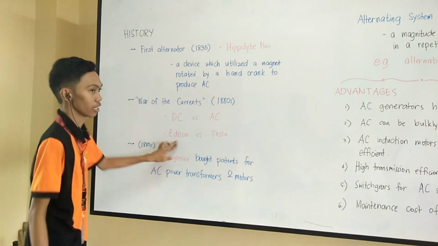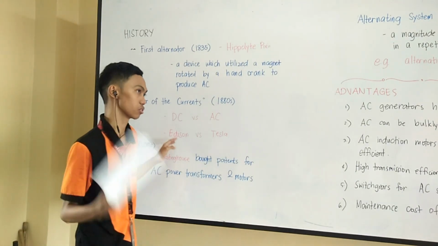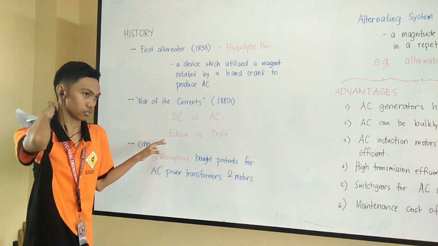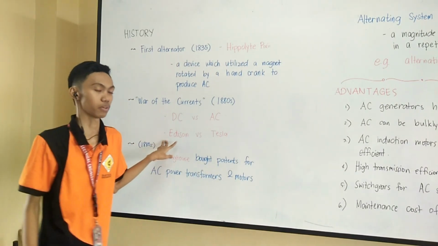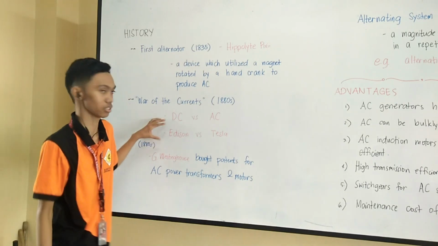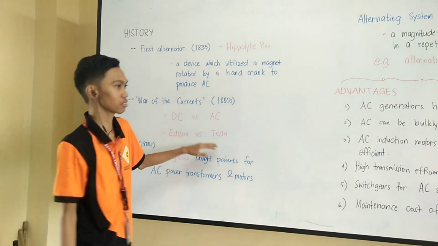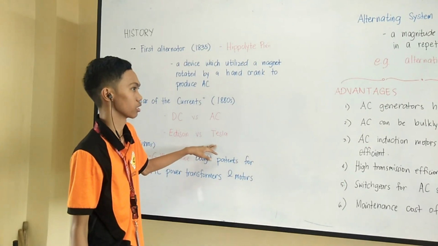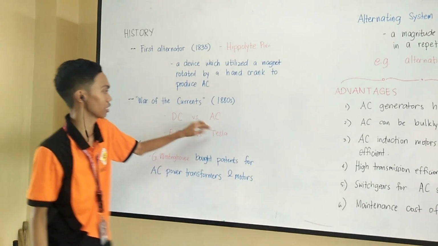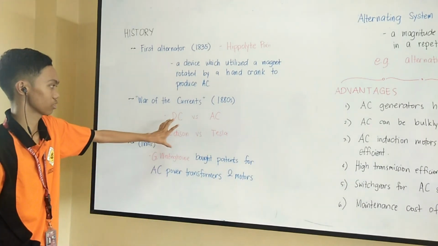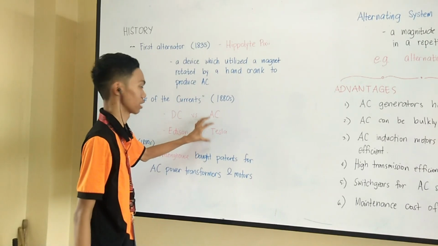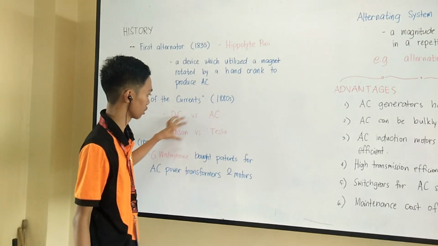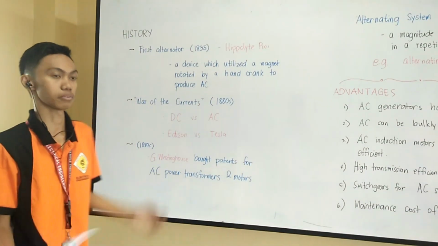Edison was the first one to develop commercial electricity, but it was in DC form. However, Tesla theorized and invented the AC system, which was found to be more efficient and is likely usable in major operations for electrical systems.